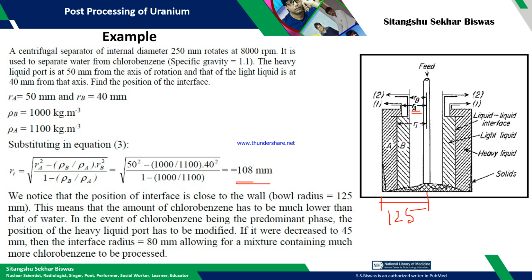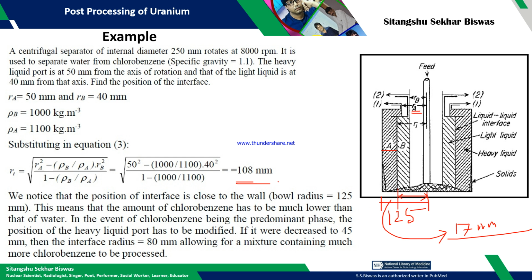So this distance is 108, and this distance is 125 minus 108, which is 17 mm. You see, this thickness in this example is very small, only 17 mm.